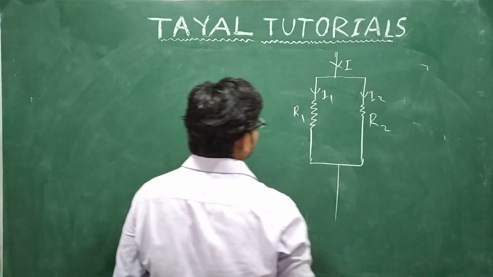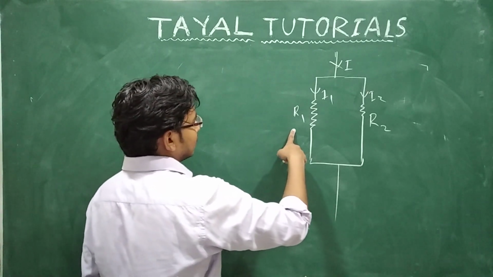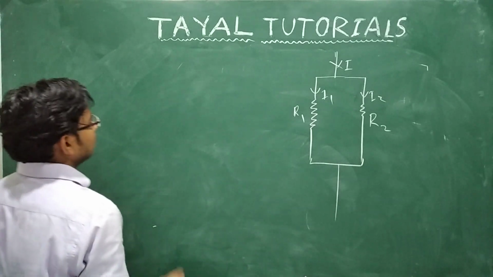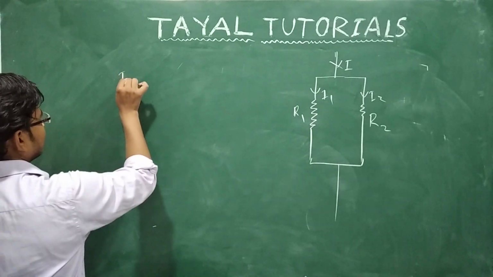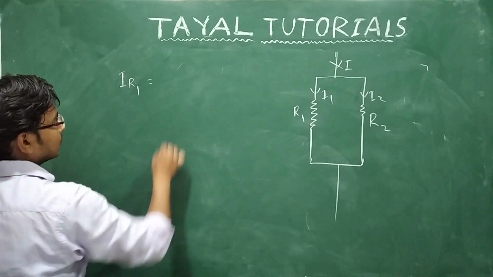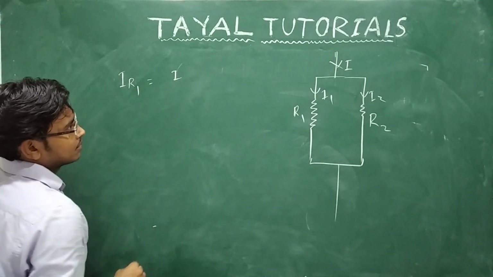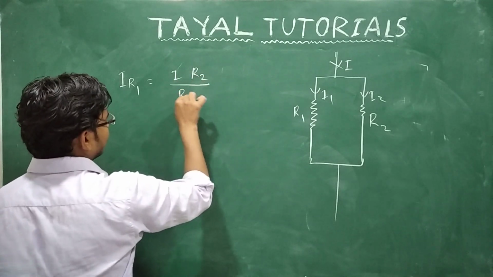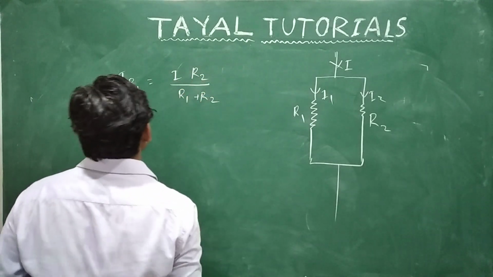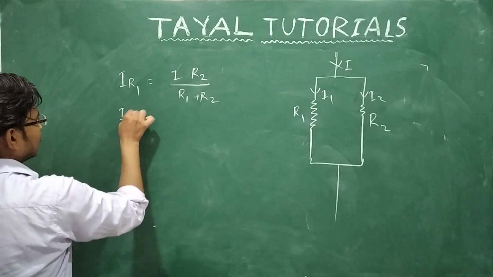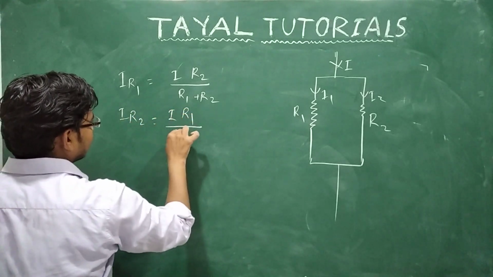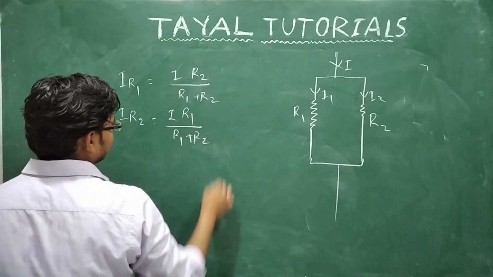If I want to get the current through R1 and the current through R2, we will simply apply that the current through R1 is equal to I into the opposite arm resistance, into R2 divided by R1 plus R2. Now the current through R2 is equal to I into R1 divided by R1 plus R2.